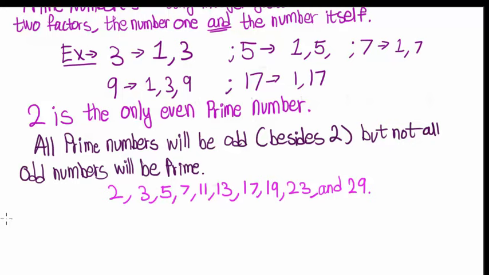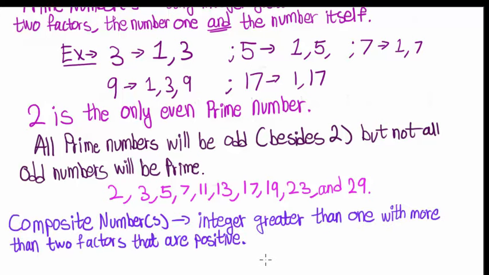Basically, it has at least one more factor besides the number 1 and itself. So an example of a composite number is the number 18, like we saw in the previous page, because 18 has multiple factors besides the number 1 and itself. So on the next page now, let's go over the examples of prime factorization.